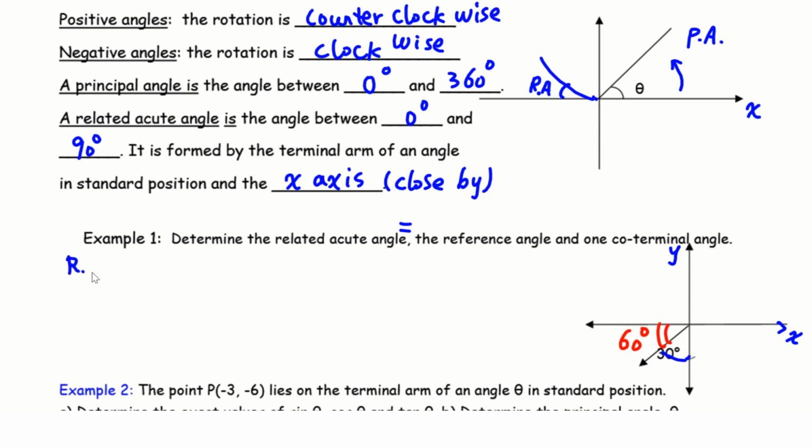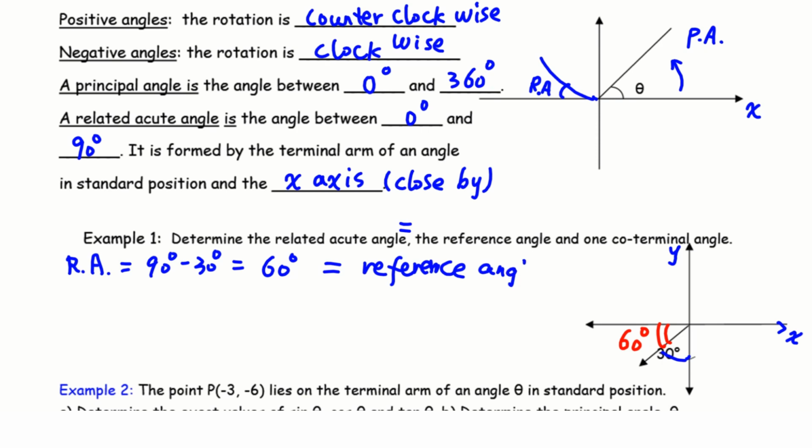So we could write related acute angle equals 90 take away 30 degrees, formed with the close-by x-axis, and the reference angle is the same. It's just a different name for the related acute angle.